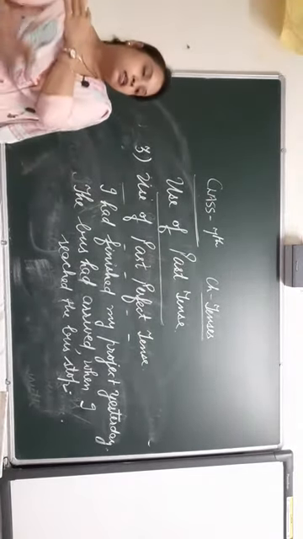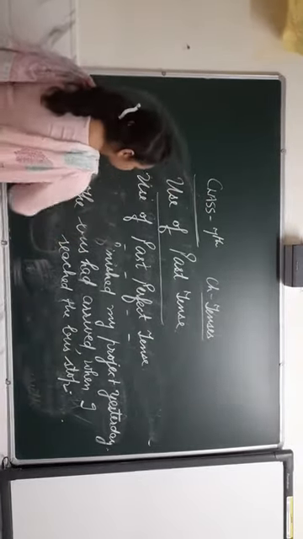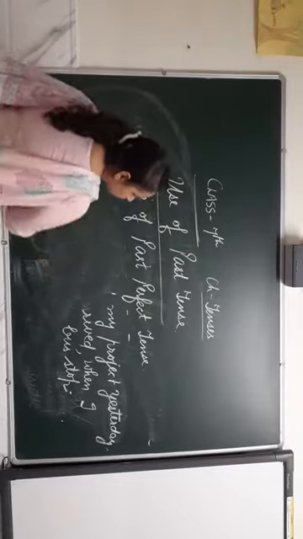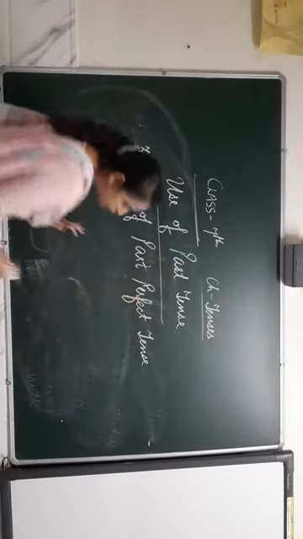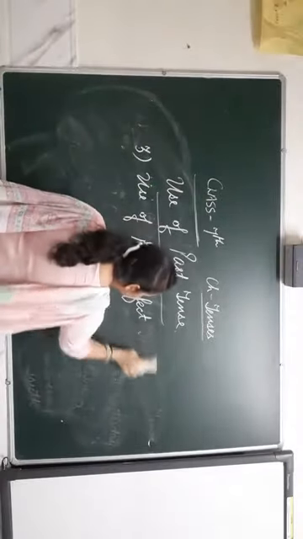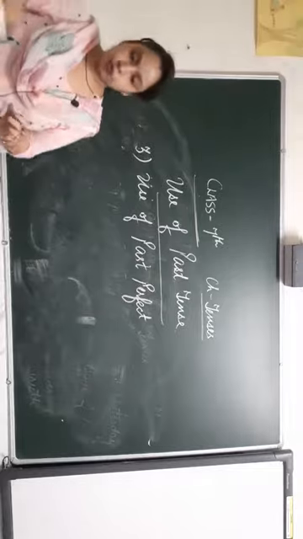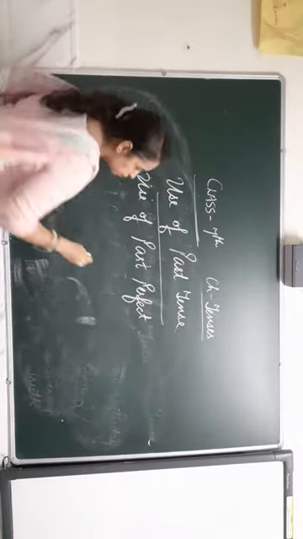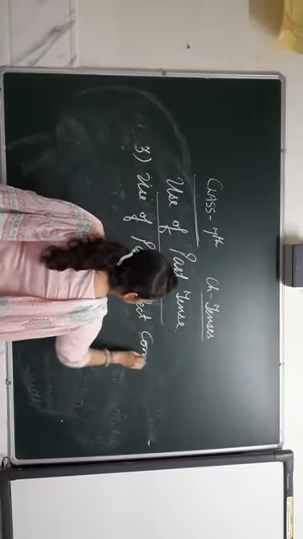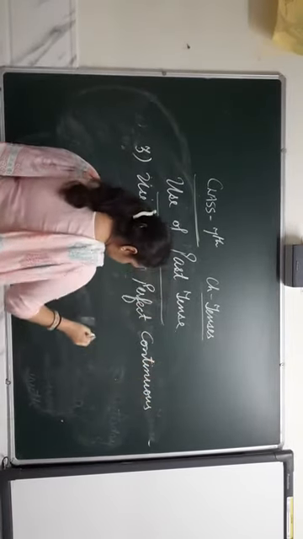Now let's see the use of past perfect continuous tense. The structure I have already sent to you. So please see the structure nicely and accordingly you have to use these tenses. Okay. Now the use of past perfect continuous tense.